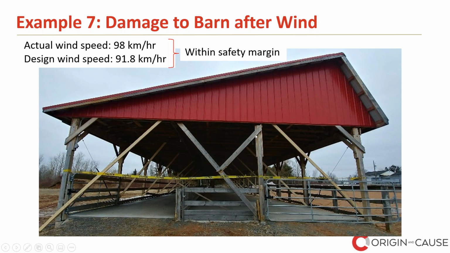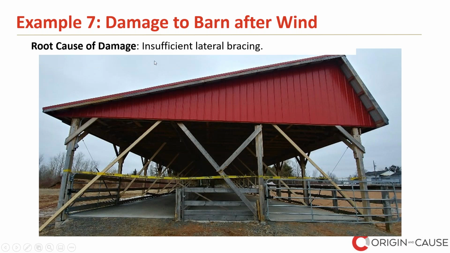So if this barn was designed properly, the brace should not have broken under this wind speed. So there were some other pre-existing issues here. And the issue was that there was not enough bracing for this long barn. It was just 2x bracing at both ends of the barn for a 180 feet long barn, which is not enough.